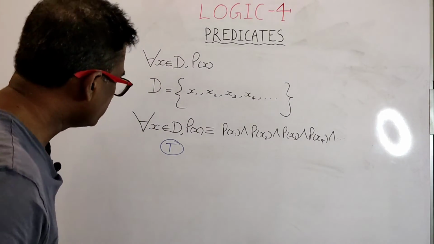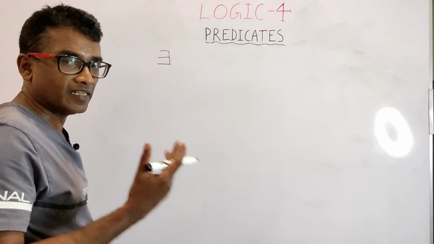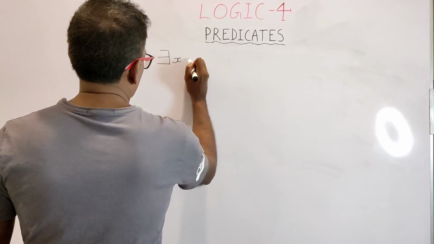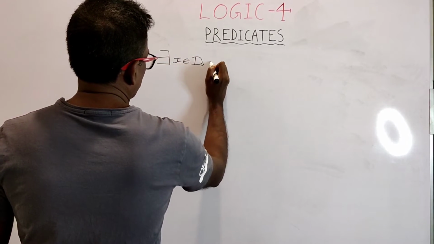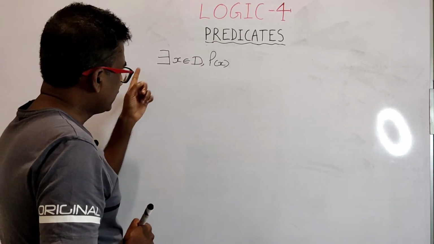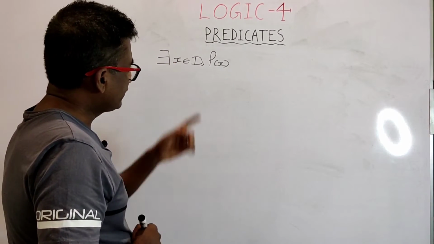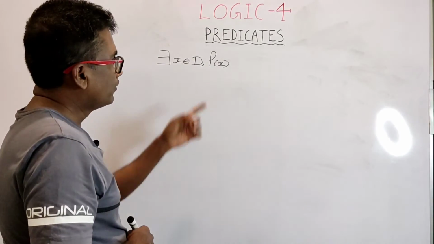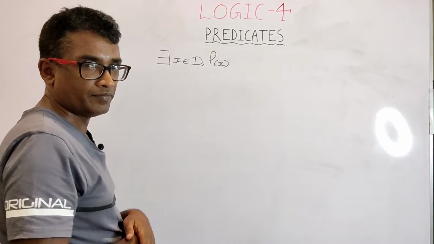Now consider the existential quantifier. We know that this is a proposition. Now we are saying that there is an x in D who has this property.